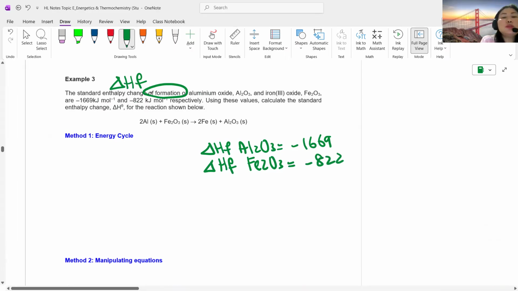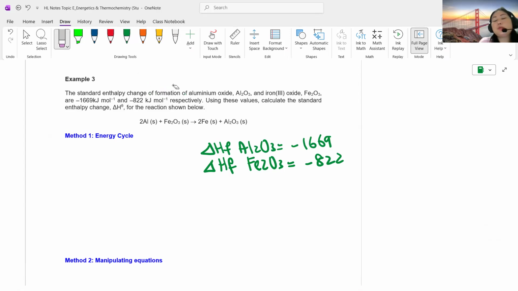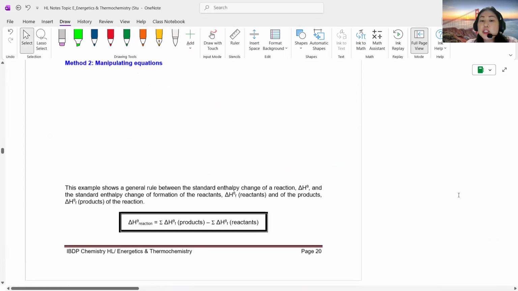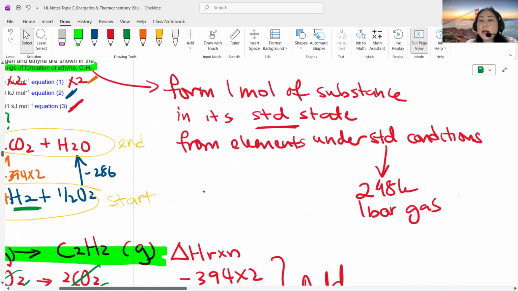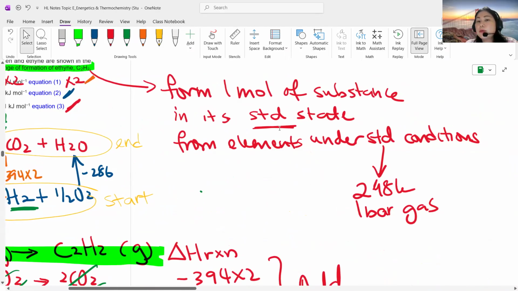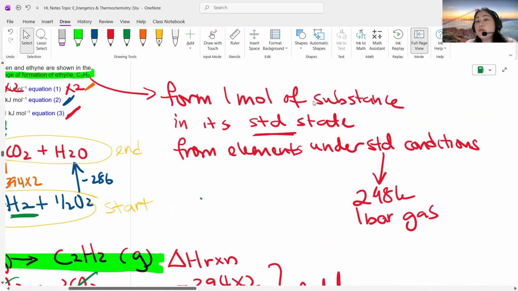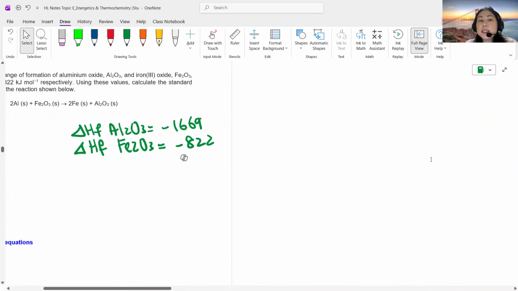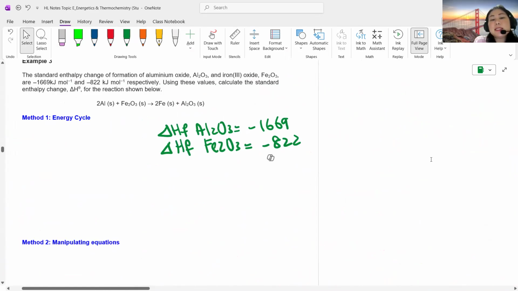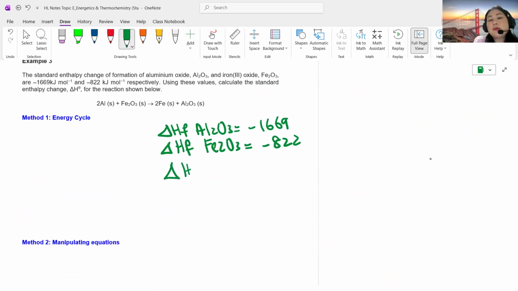All right. Now, if you still remember what formation is, which we have seen earlier, formation is forming one mole of substance from its elements under standard conditions. So if you understand that, then you will realize that the ΔH formation of all elements is 0.